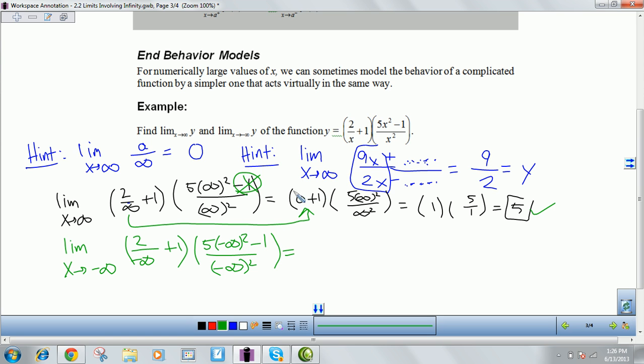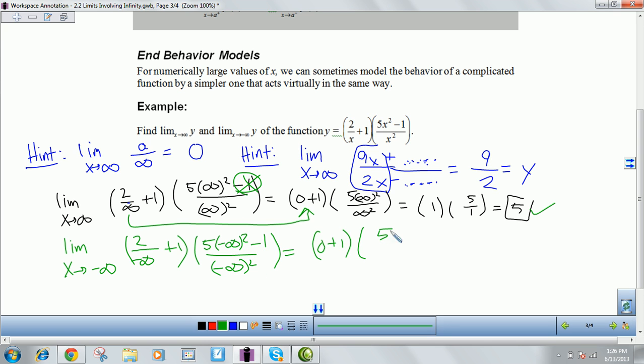When you plug negative infinity in there, you'd have 2 over negative infinity, which again is 0. So 0 is neither positive nor negative, so that doesn't matter. So you'd have 0 plus 1. And the negative infinity part is important, very important, because that tells you if it goes to positive or negative infinity in terms of the y value. So here, when you square a negative, it becomes positive.